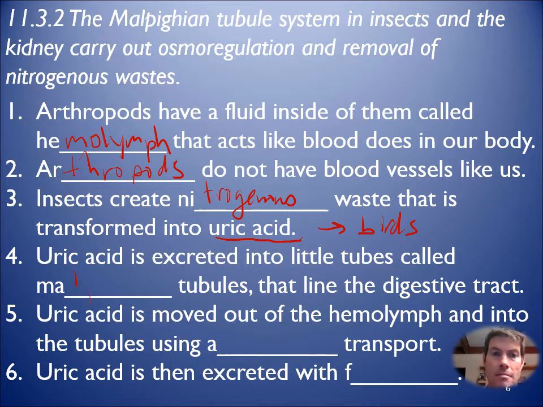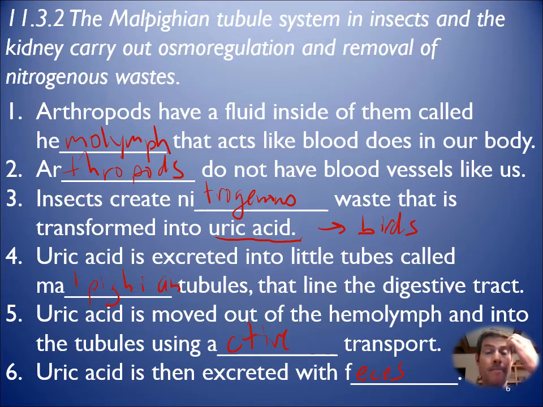And Malpighian tubules that line their stomach or their digestive tract will pull out that uric acid, and then it'll go using active transport. And then that uric acid they'll remove with their feces.